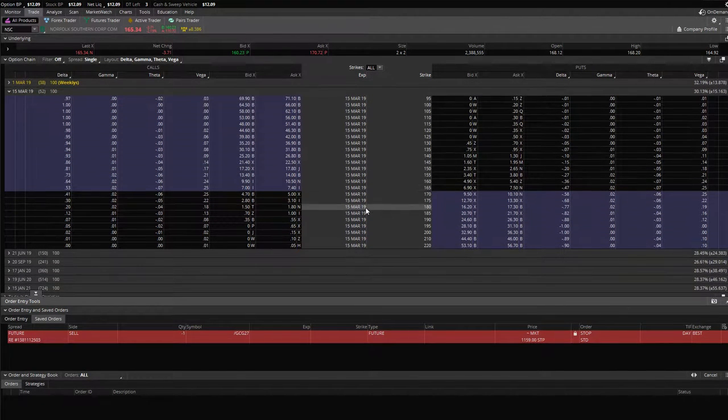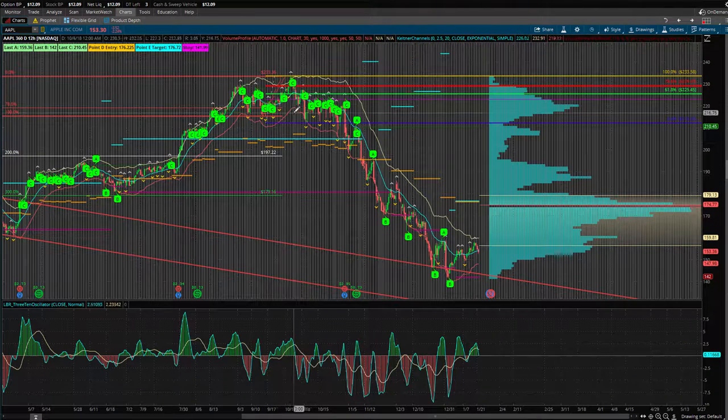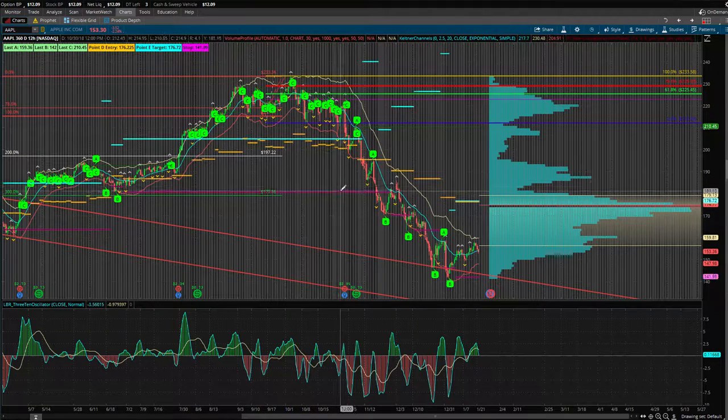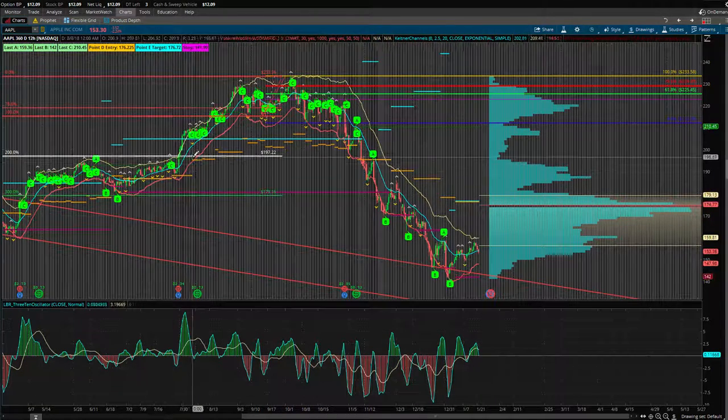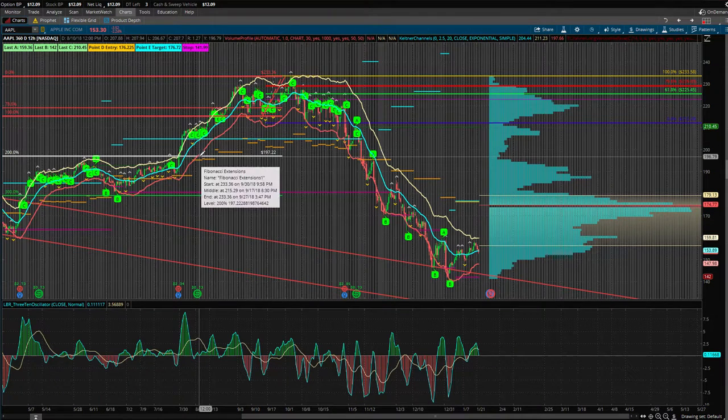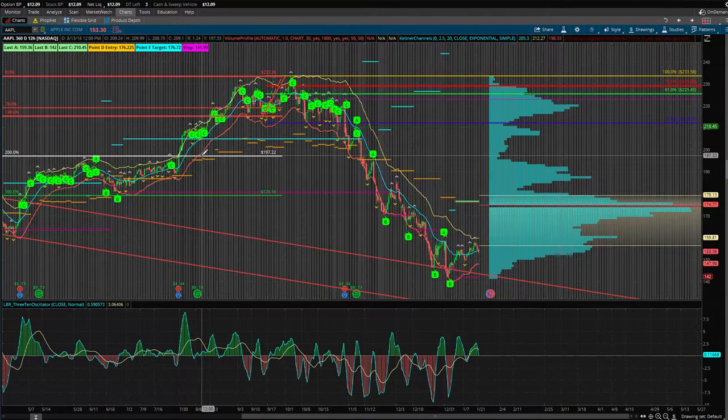Let's say I want to see a put, which this is the puts, and I want to go halfway between where my target was. Let's say my target is here, I already drew it out. If I were to put the short version on this, it would draw out the targets for me. That's what the different lines are.